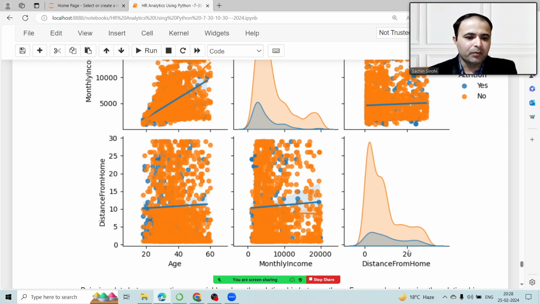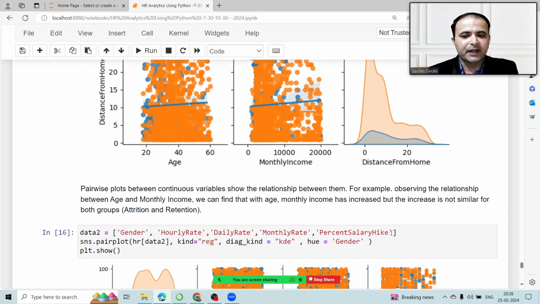So distance from home, actually we are talking about. Is there any relationship with age, monthly income? So if the distance is like 0 to 20, the attrition is a little bit high. So these are the factors of attrition.